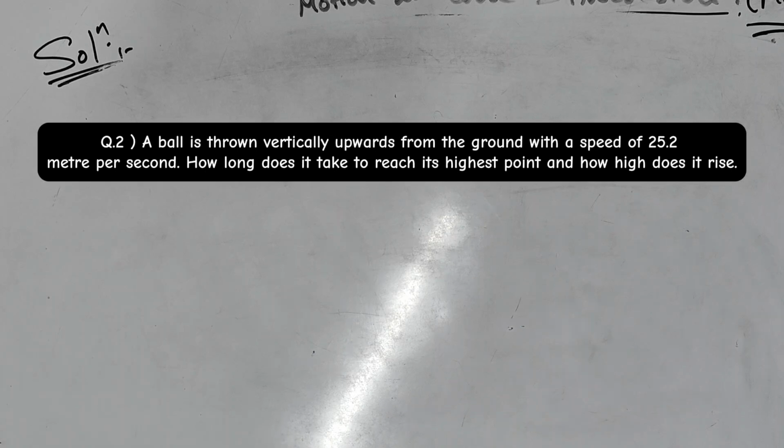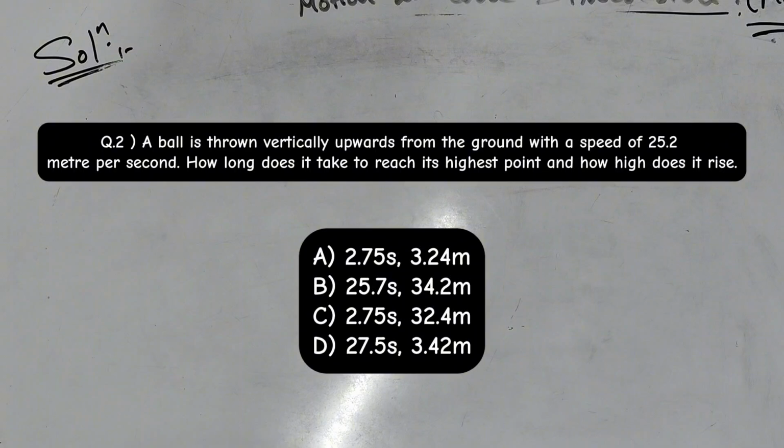This is a question, and your options are 22.75 seconds, 3.24 meter. Option B says 25.7 seconds and 34.2 meters. Option C says 2.75 seconds and 32.4 meters. And option D says 27.5 seconds and 3.42 meters.